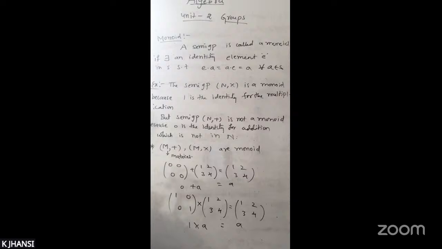So just now we have seen the definitions of what is a semigroup and what is a monoid. One more definition we have is the inverse. The inverse property, as I just told, applies with respect to addition and also multiplication.